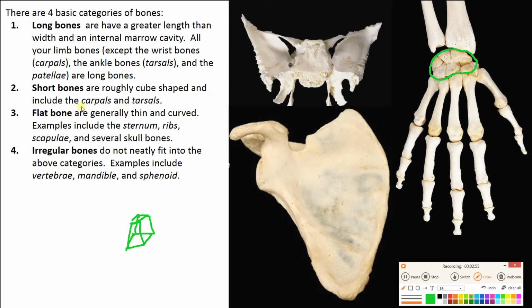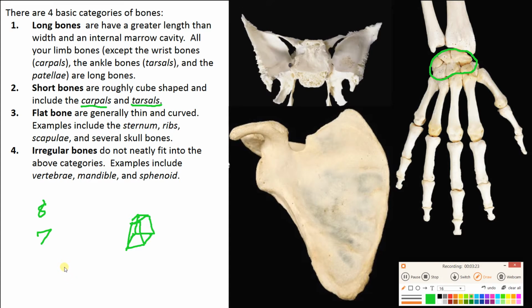The equivalent bones in the ankles, the tarsals, are also short bones. On each side, you're going to have 8 carpals and 7 tarsals, and that's all your short bones. So you have a total of 30 short bones. Can you figure out how many long bones you have in your body? Can you count that and figure that out? Be a good thing to know.